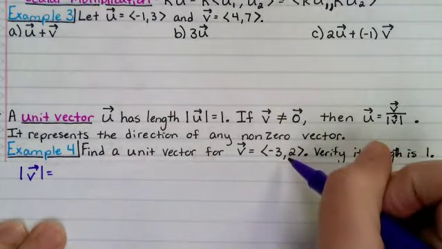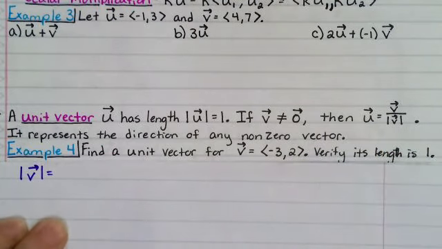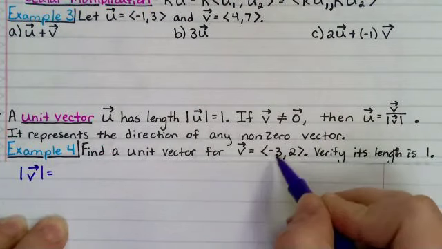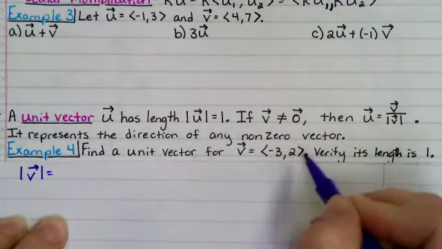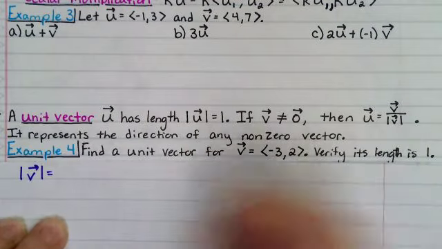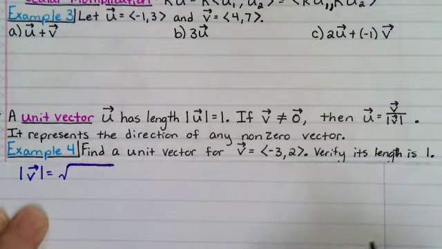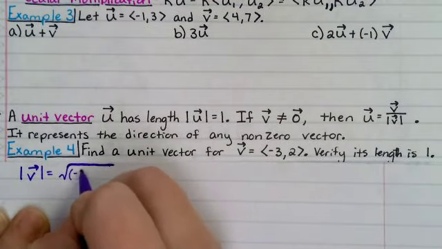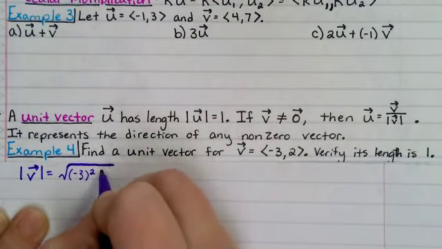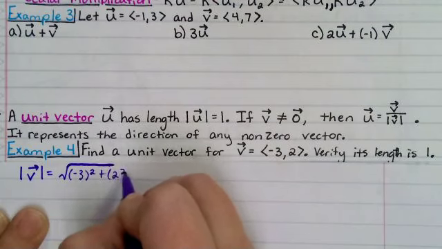Since they gave me the component form, then we can use the simpler way of finding the magnitude, which was using Pythagorean theorem. Here's my a, that's the -3, and then this one's my b, that 2. And so I'm going to plug those in. All I need to do is -3 squared plus 2 squared.